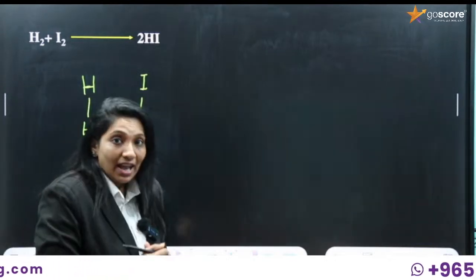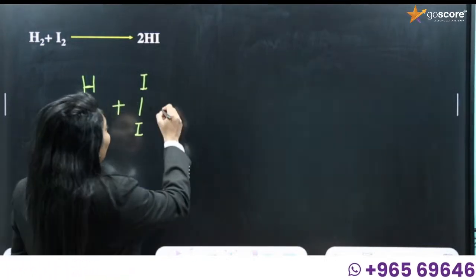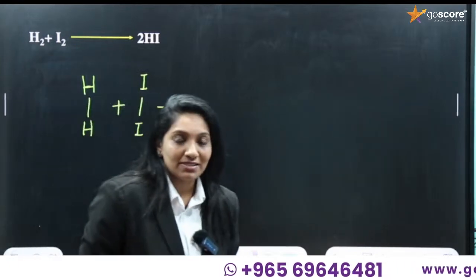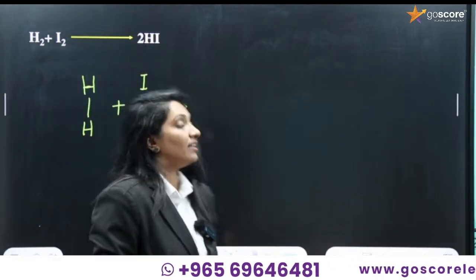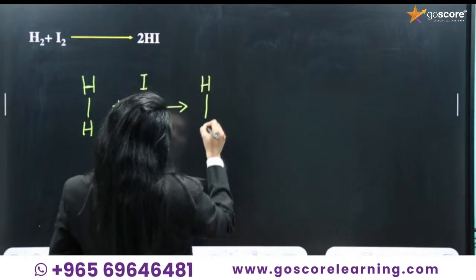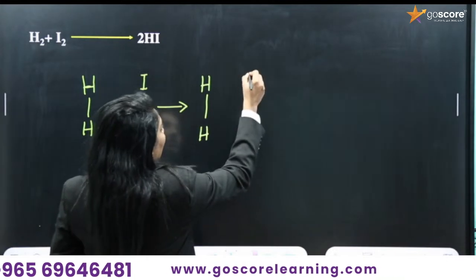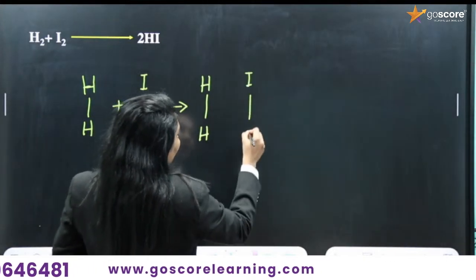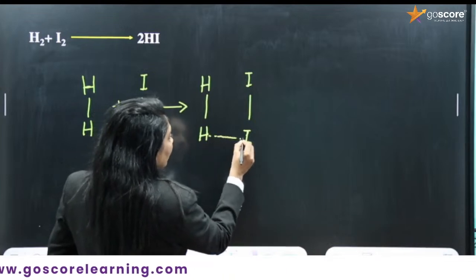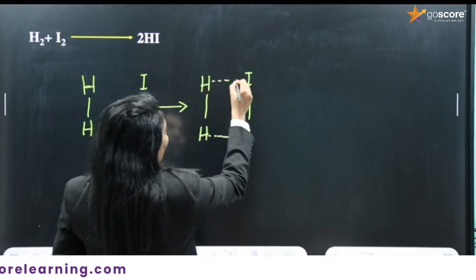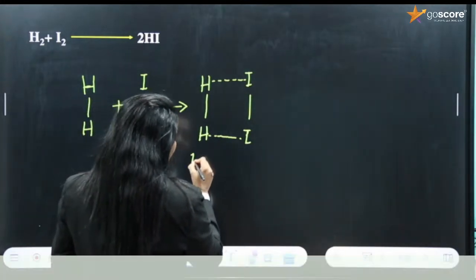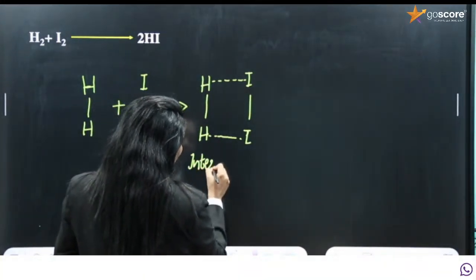When these two reactants combine, there will be a formation of an intermediate complex or an activated complex. Let's see the structure of that intermediate complex. It will be hydrogen, hydrogen, iodine, iodine. This hydrogen and iodine will form a temporary bond like this. This is what we call the intermediate.